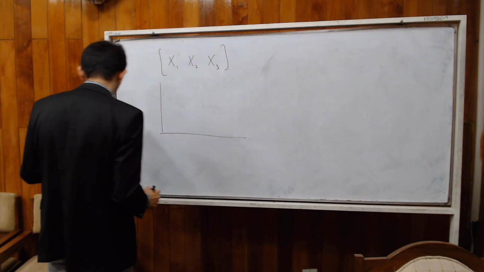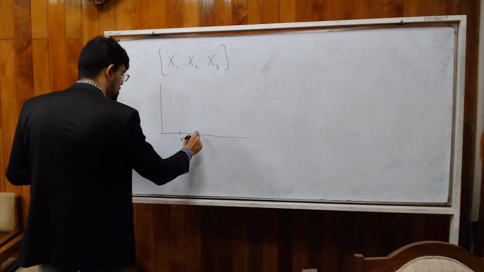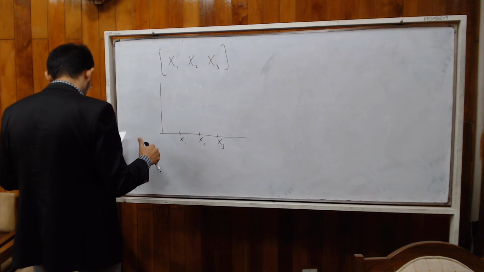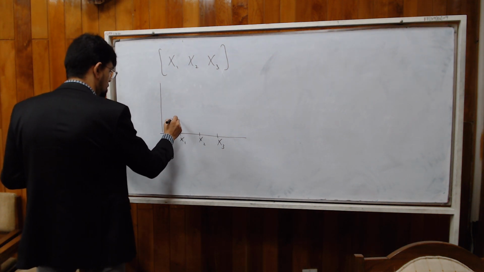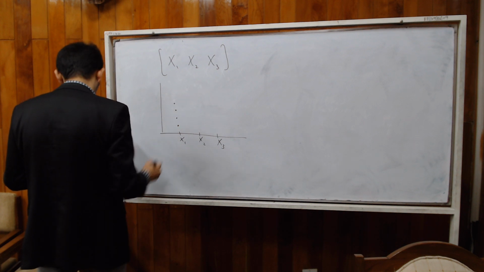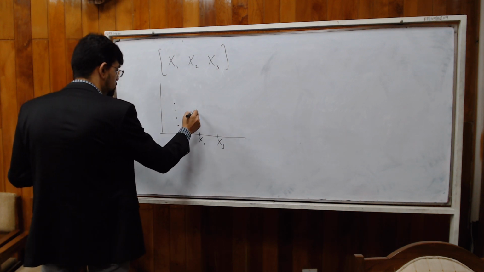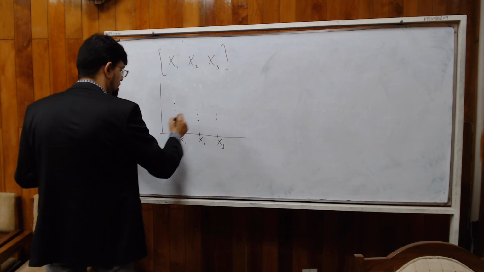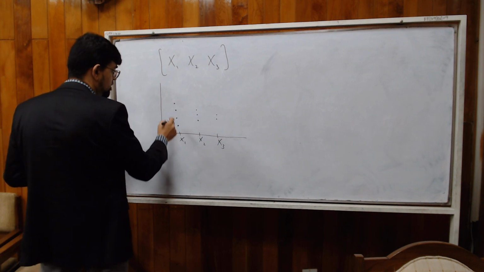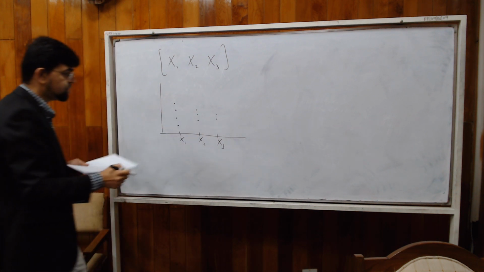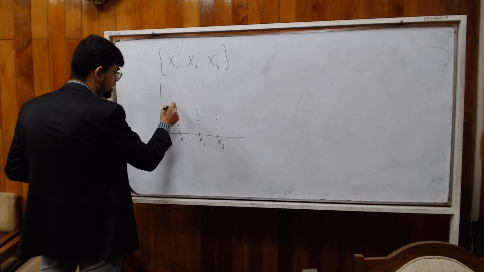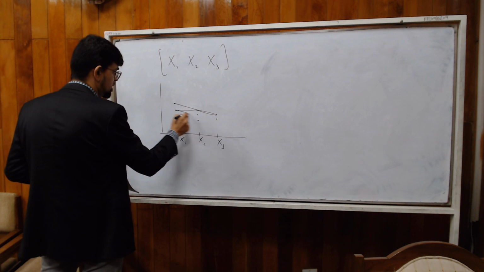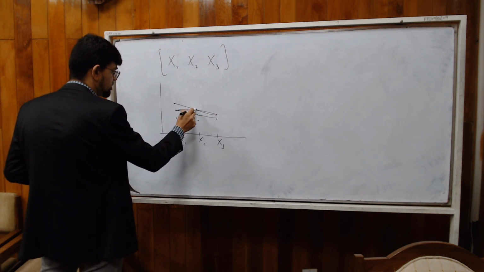So let's say we observe them and we see that x1, x2, x3, it turns out to be that x1 has, let's say, some values, x2 has some other values, x3 has some other values, and we observe that when we observe these several realizations, we find that sometimes it's like this, sometimes it's like this, sometimes it's like this, sometimes it's like this.